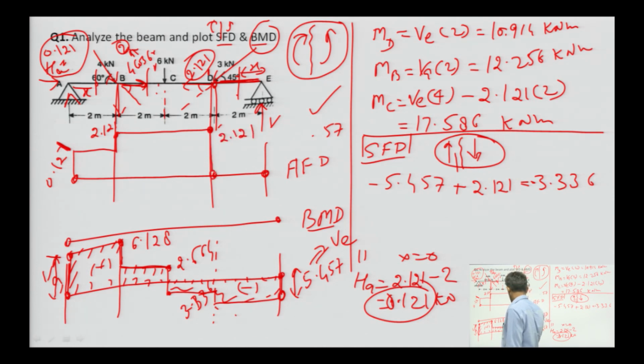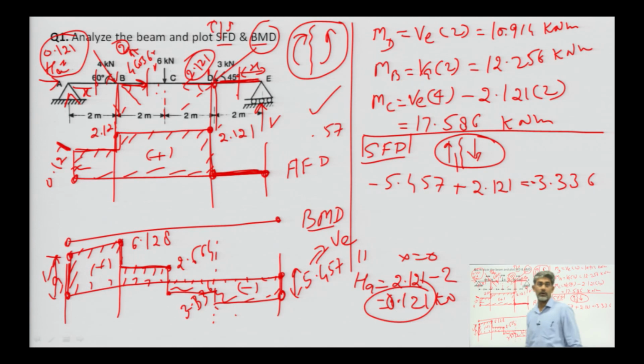So, it is going down, and here it is 0. So, this is the axial force diagram.